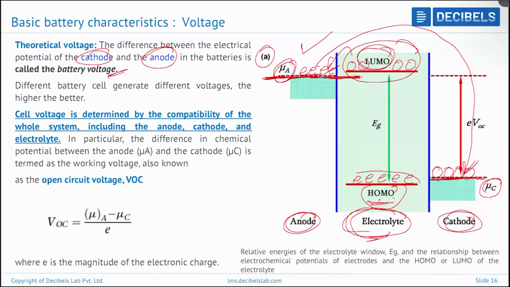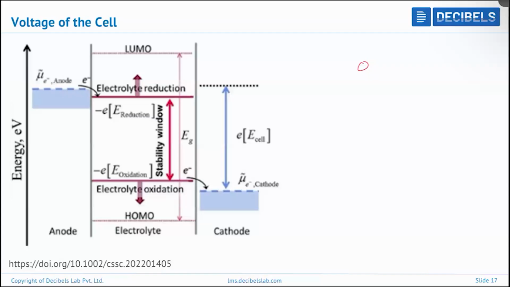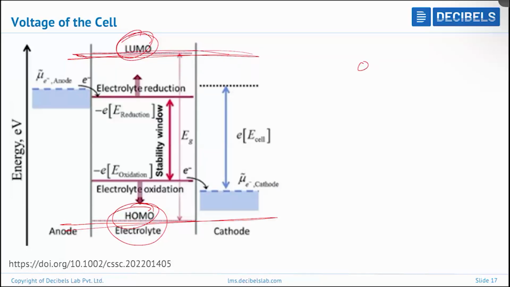And the energy level of the HOMO of the electrolyte should be below the energy level of the cathode, because you can see here this HOMO of the electrolyte and LUMO of the electrolyte should be wide. The LUMO should be above the anode, and the HOMO should be below the cathode.